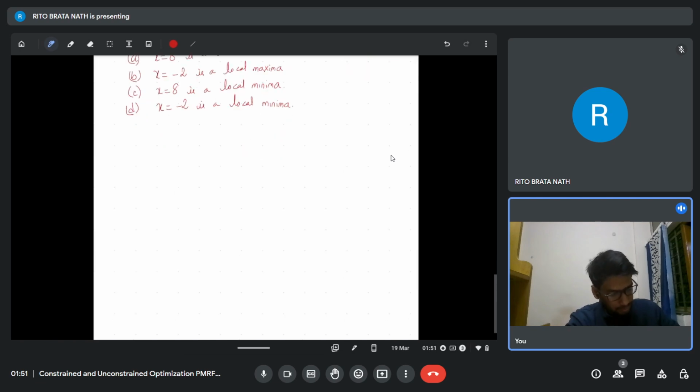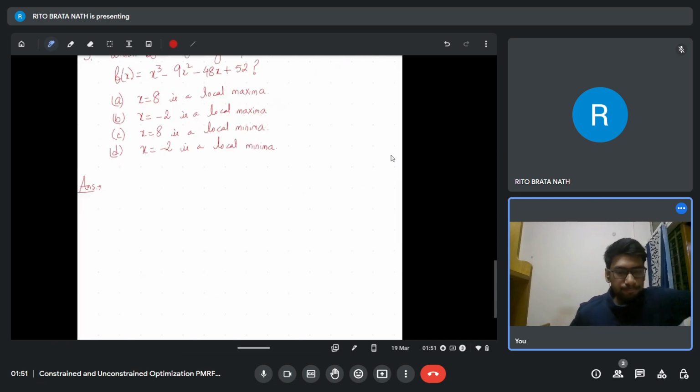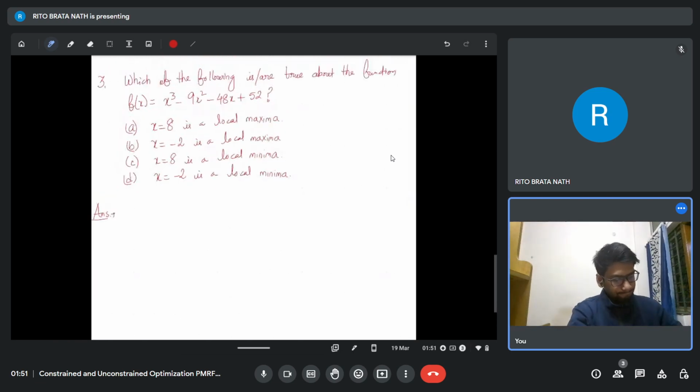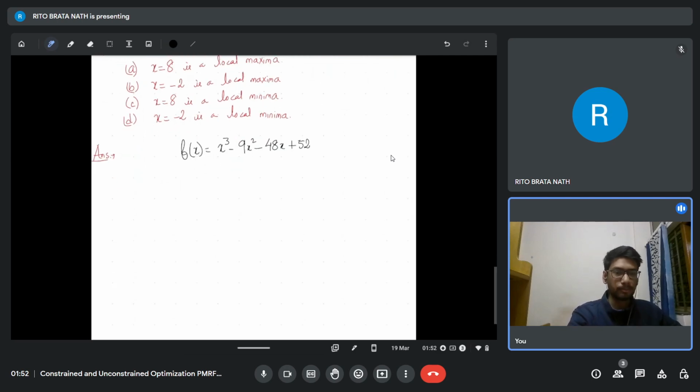Okay, so let me solve this problem now. What I have here is that f(x) equals x cubed minus 9x squared minus 48x plus 52, and for finding the local maxima or local minima, I need to test the first derivative as well as the second derivative, and according to that I can make decisions, right?